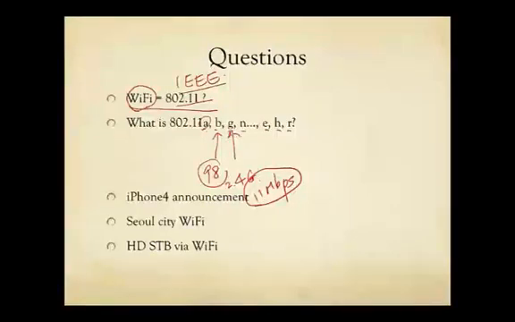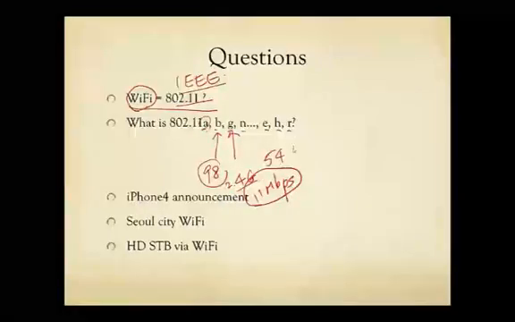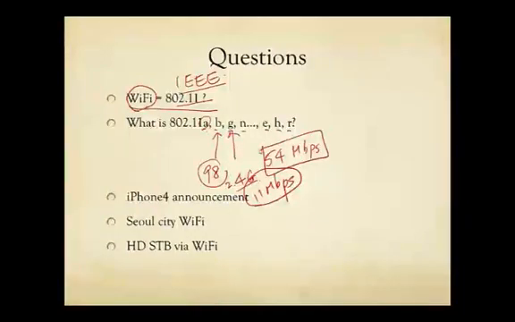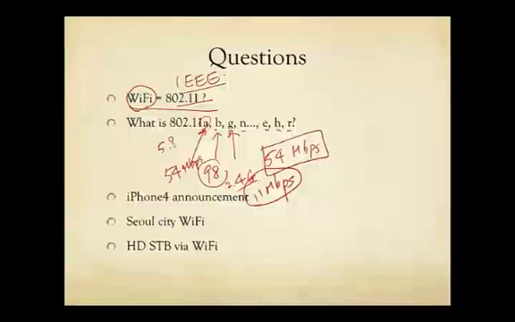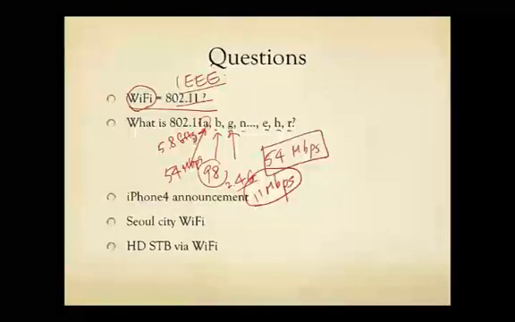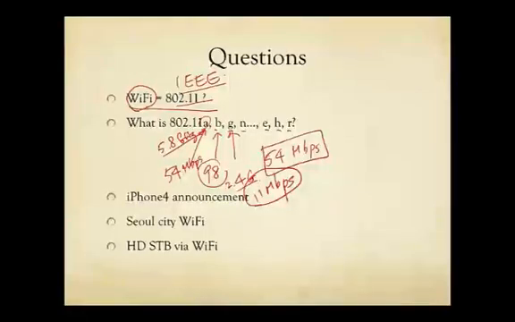And then came along G, which still uses 2.4 gig, but with more advanced signal processing can give you up to 54 megabit per second. Again, up to 54. And then A finally came along. It also can achieve 54 megabit per second, but it uses a different spectrum, the 5.8 gigahertz range. So the radio analog front end requires a different kind of chips.